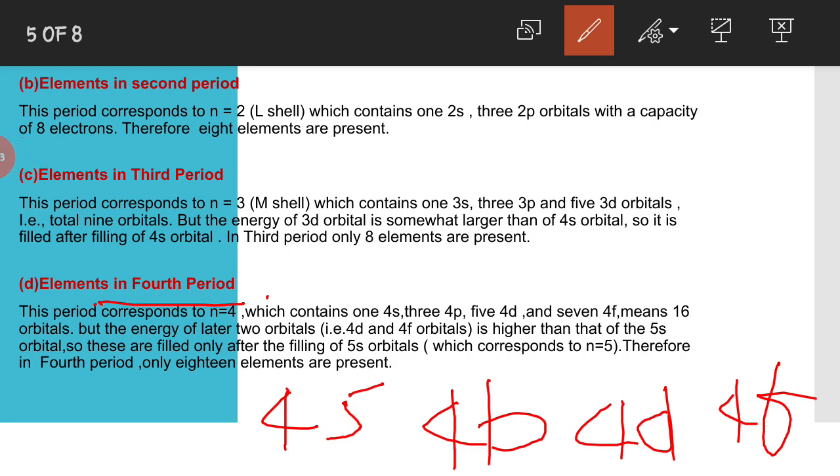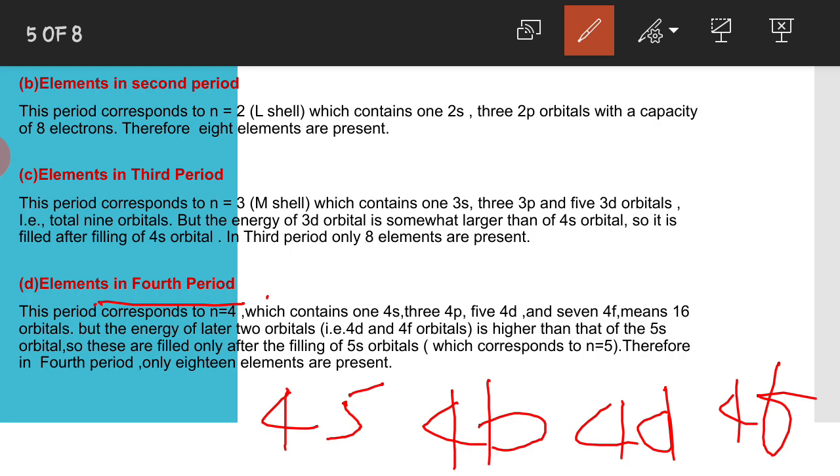But the energy of the latter two, that is 4f orbitals and 4d orbitals, is higher than that of the 5s orbital.